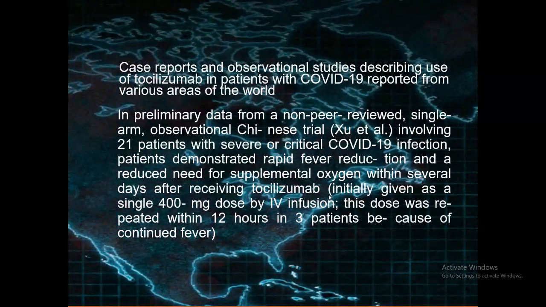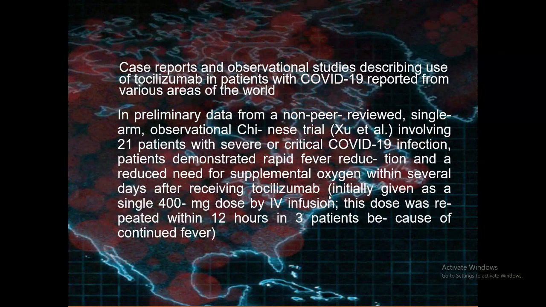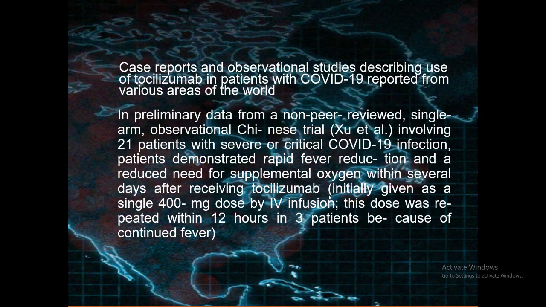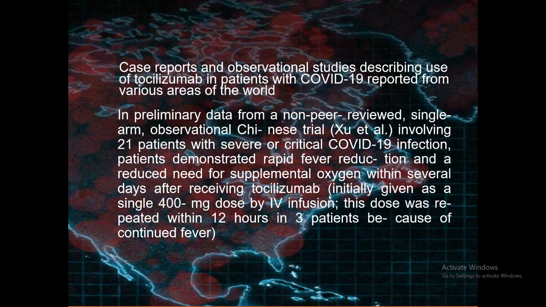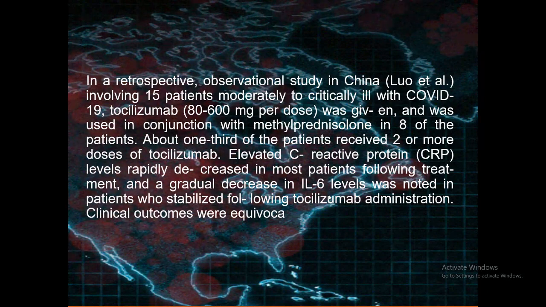Preliminary data from a non-peer-reviewed single-arm observational study by a Chinese trial involved 21 patients with COVID-19 infection. It showed rapid fever reduction and reduced oxygen need after receiving a tocilizumab dose of 400 milligrams.